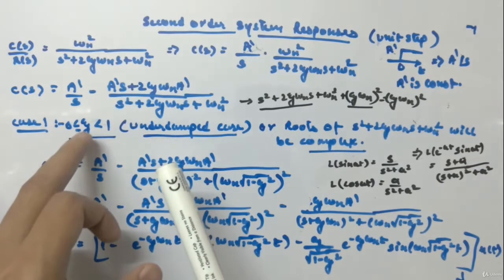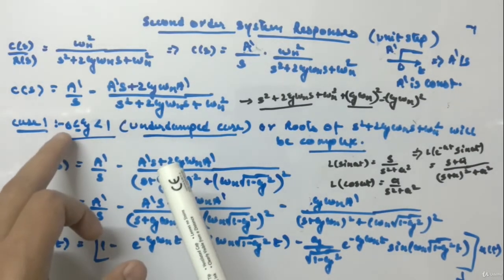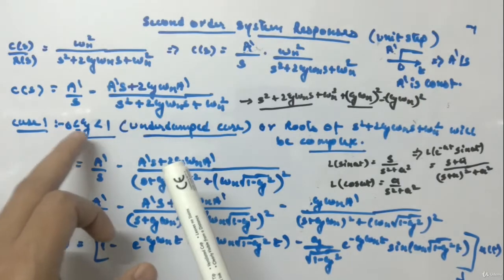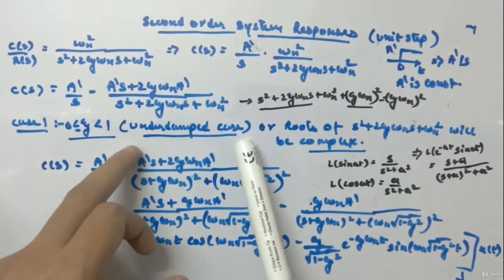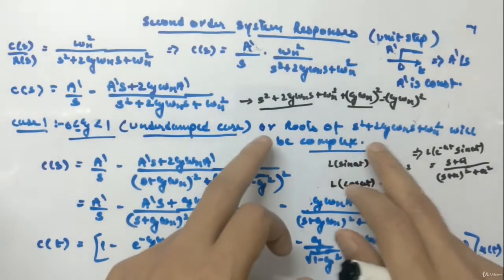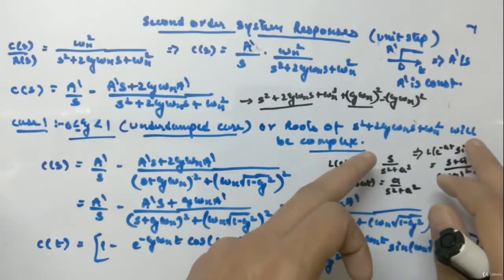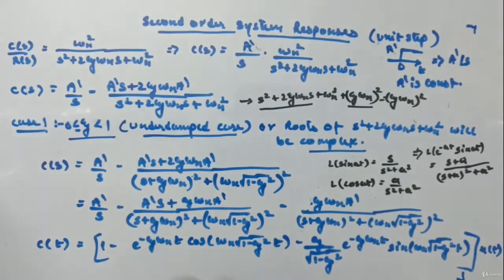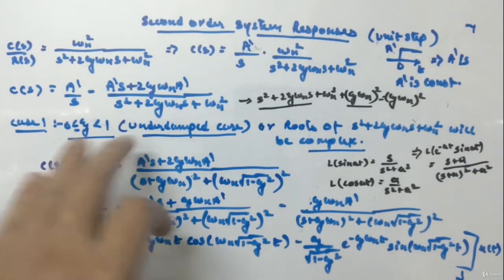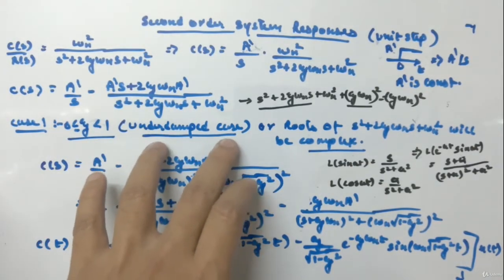Okay, it is only less than 1, whereas here zeta can be equal to 0 and is greater than 0. It's an underdamped case, where the roots of s square plus 2 zeta omega n s plus omega n square are complex. So underdamped case is mostly the word used.